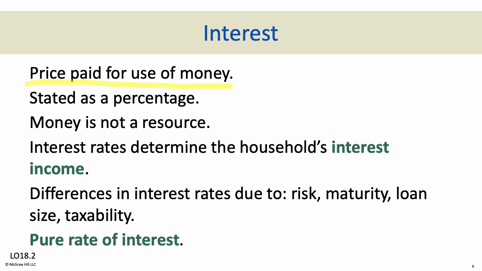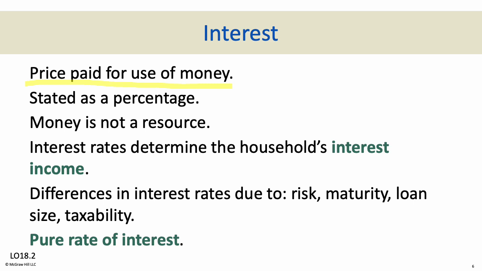So interest rates are the cost of money. And there are differences in risk, maturity, loan size, and taxability. So the higher the risk of something, the greater the interest rate. Credit cards have very high interest rates because they're very risky, whereas a home mortgage is backed by the house, much less risky. The longer a maturity will affect an interest rate. Longer loans usually have higher interest rates due to the likelihood that other factors might change.